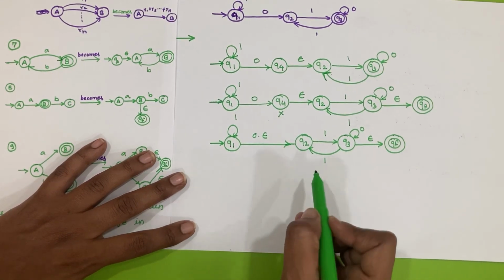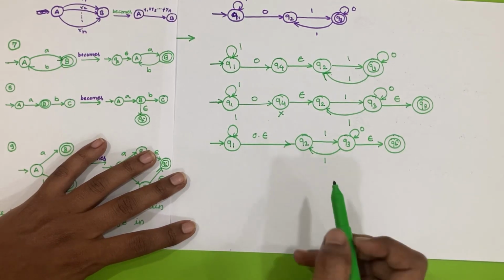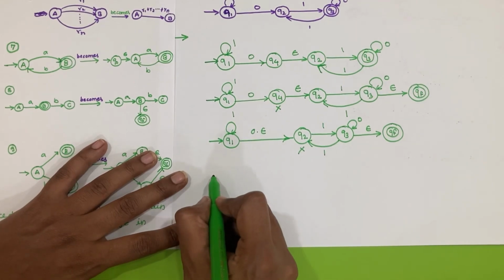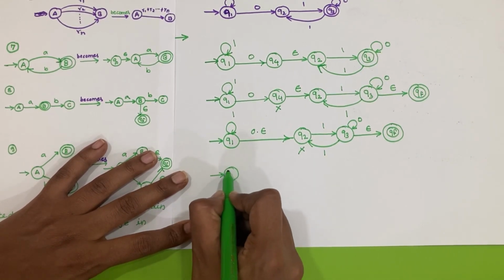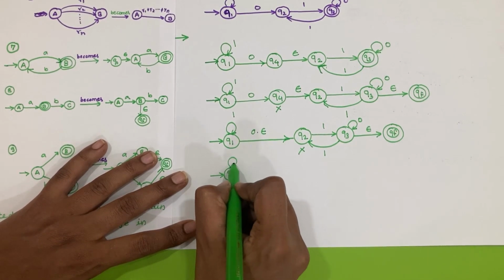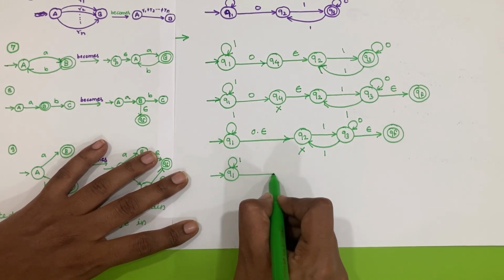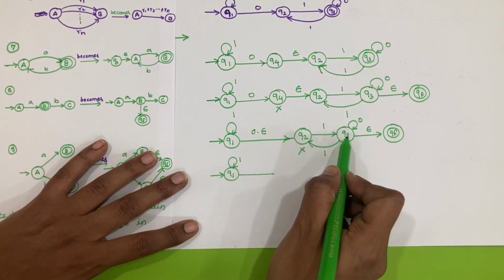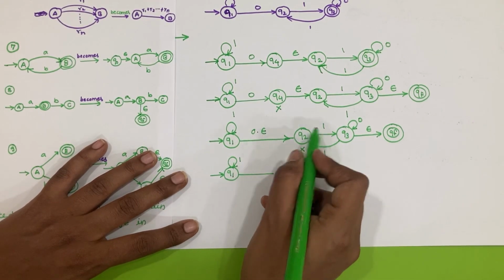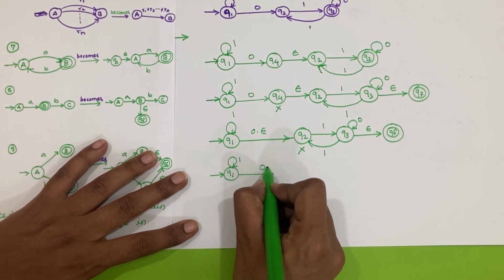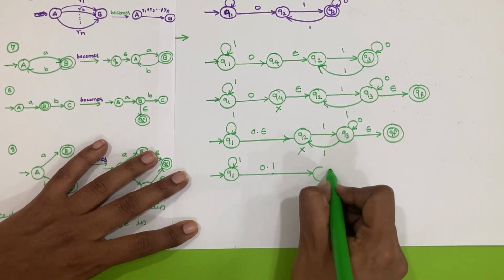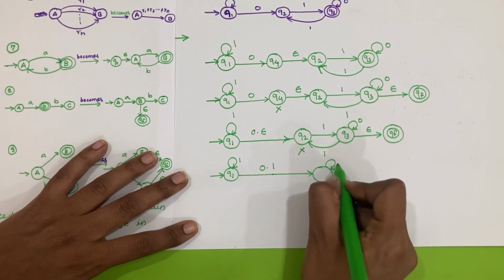Now we'll start to remove the state Q2. After removal of Q2, we can have the transition from Q1 to Q3 as 0.1, the empty can be omitted. Q3 has 0th cycle.